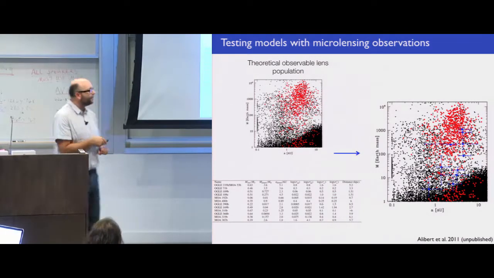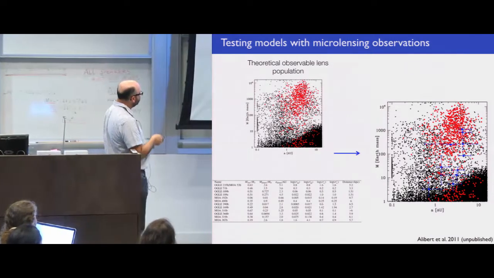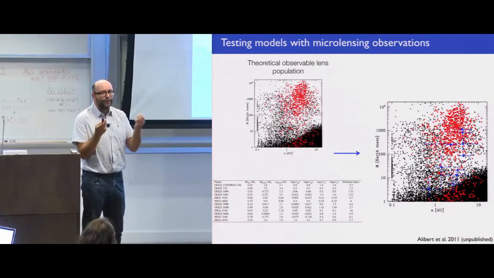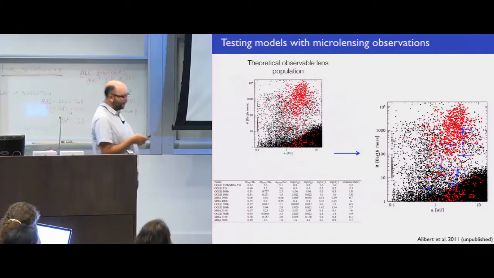And this was not the case at the time, because all these planets come from different surveys. You see in the table here, you have MOA and OGLE planets, so they are not observed with the same observational bias. So it's very difficult in this case to really compare the data and the models.